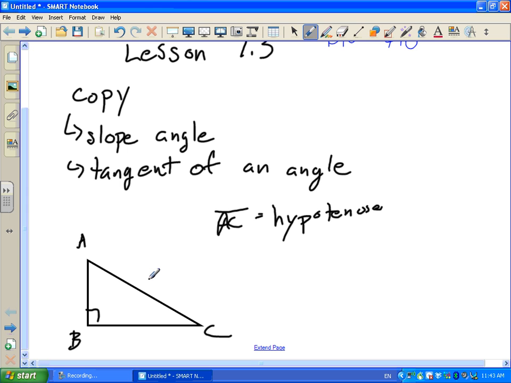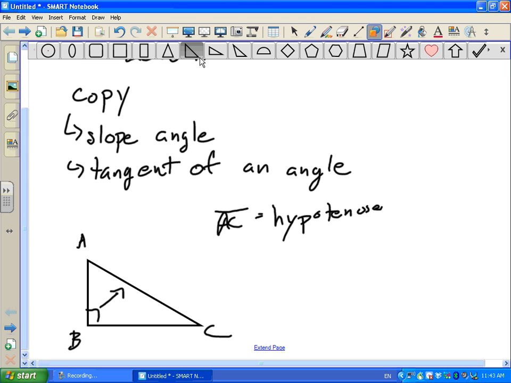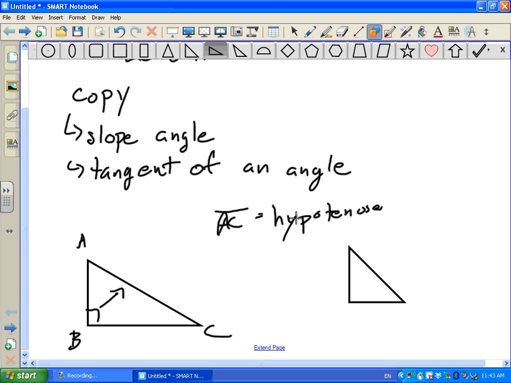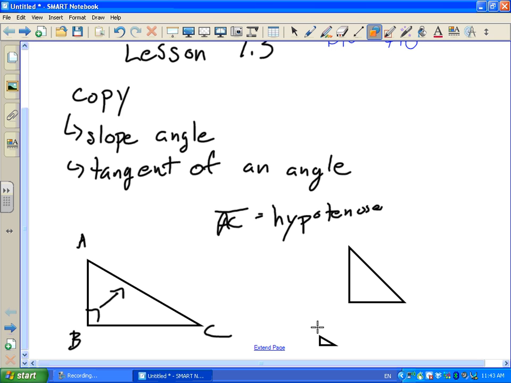The hypotenuse of a right angle triangle is always opposite of the right angle. Okay? So I'm going to quickly make 2 more right angle triangles. I'm going to turn them.